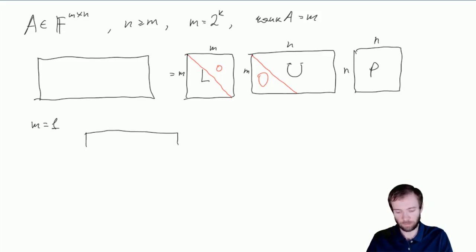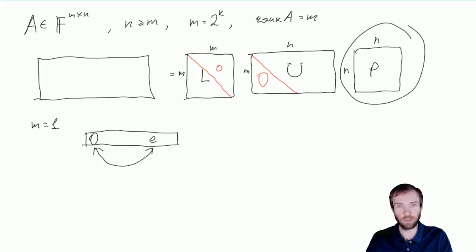Now it means that our matrix A is just a single row, and if the rank of this matrix is equal to m, then this row contains a non-zero element E somewhere. If the first element of this row is 0, we can permute the columns so that E is exchanged with this 0 element, and from this we get a permutation.